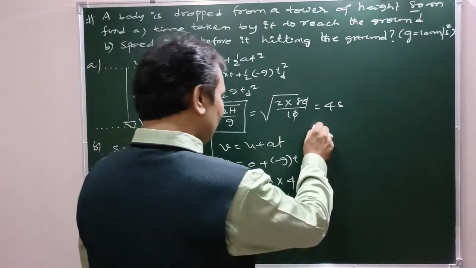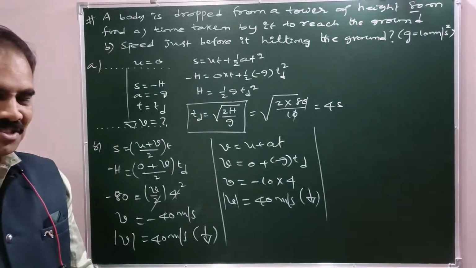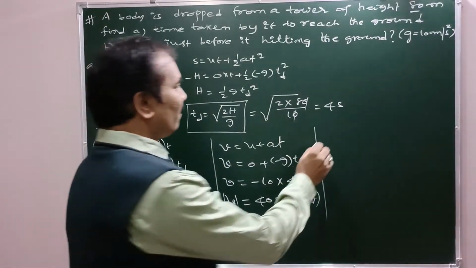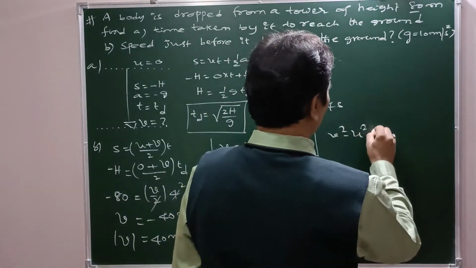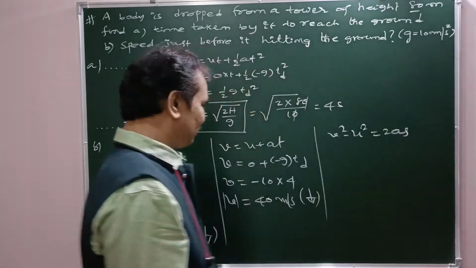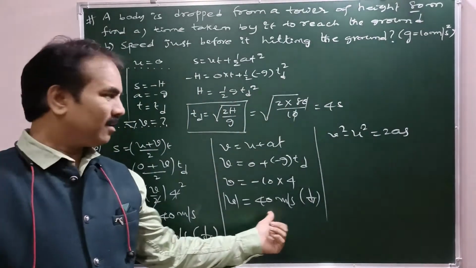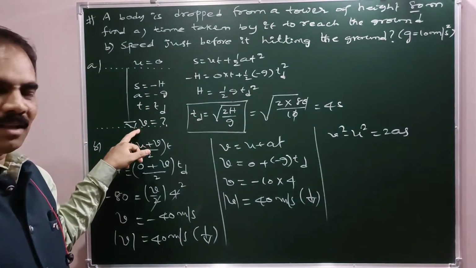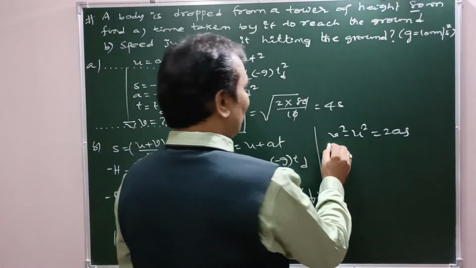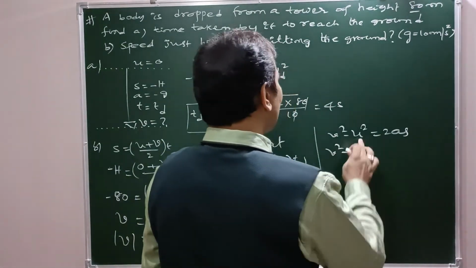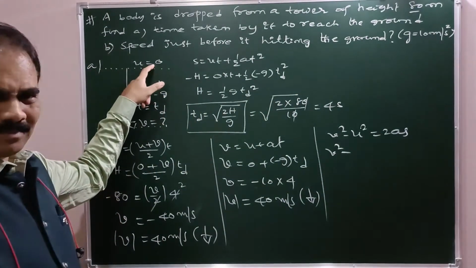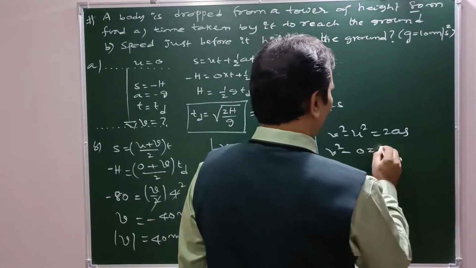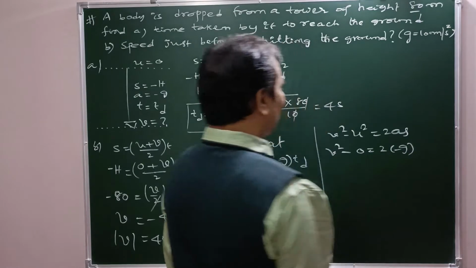This was the second method. As far as the third method is concerned, we know that V square minus U square equal to 2aS. That is the third method to find the final velocity just before hitting the ground. V square is unknown, U means initial velocity at the level of dropping, that is 0, plus 2 into a, which means minus g, times S. S means what?